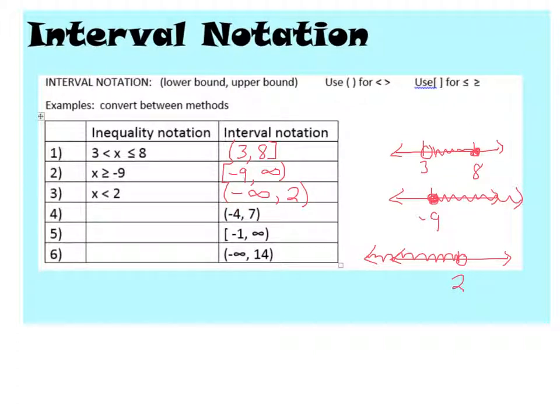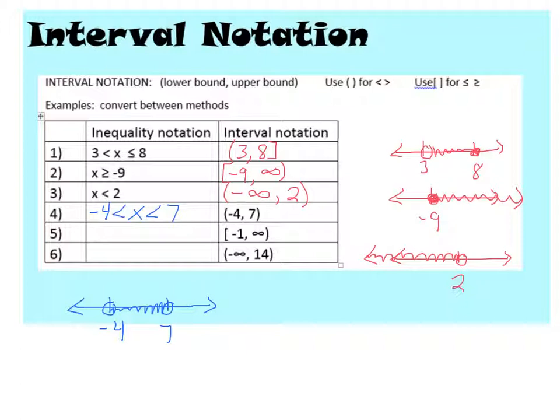Okay, so on number 4 there, if I look at it on a number line, the lowest it can be is -4, the highest it can be is 7. Both of those are parentheses, so it would look like this and anything in between there. So that's going to look something like this one does. All right, so -4 is my lower bound, less than x, which is less than 7.